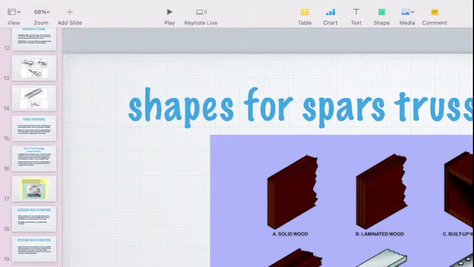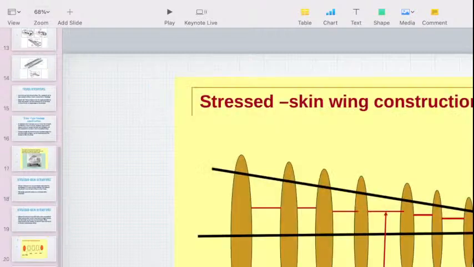It has some different types of materials that can be used as shapes for your spar in a truss type wing. This is a stress skin wing construction, so it's identifying your ribs here in the wing, stiffeners here, and your main spar here, running down the middle.